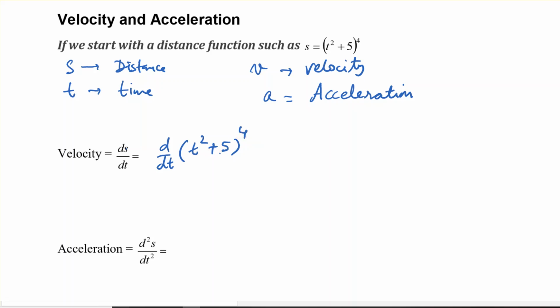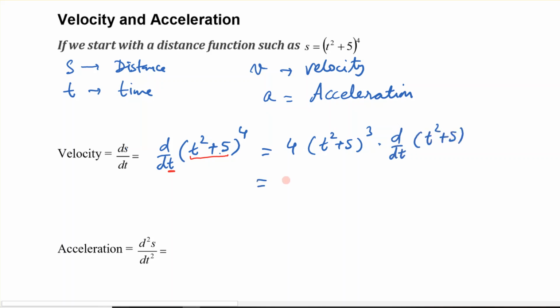We're going to apply the chain rule, because here the variable is t, but we have some other expression in place of t. So first, something raised to power 4: bring the power down, reduce the power by 1, and then take the derivative of the inside.